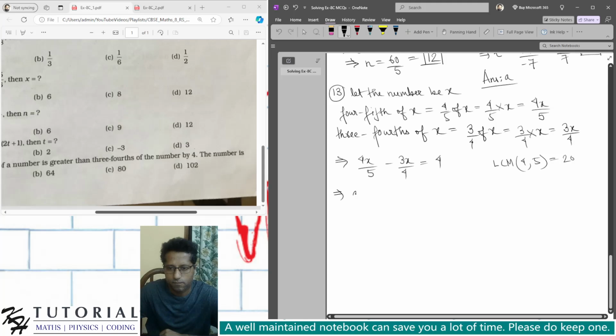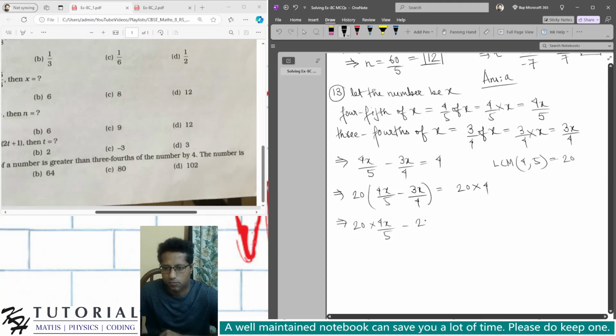So we multiply 20 with the LHS and with the RHS. Now if we simplify the LHS by doing the product and opening the brackets, we get 20 multiplied by 4x by 5 minus 20 multiplied by 3x by 4 is equal to 80.